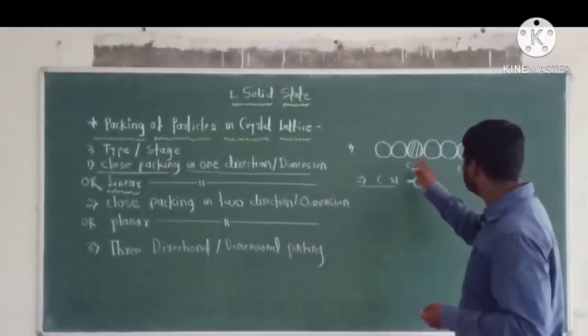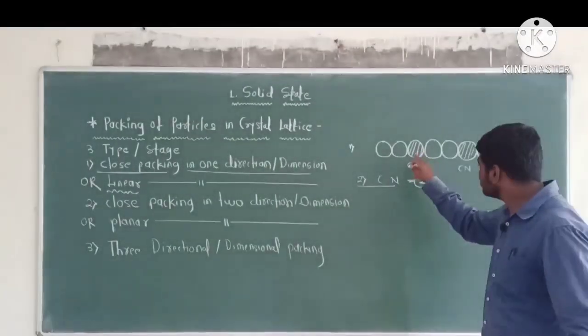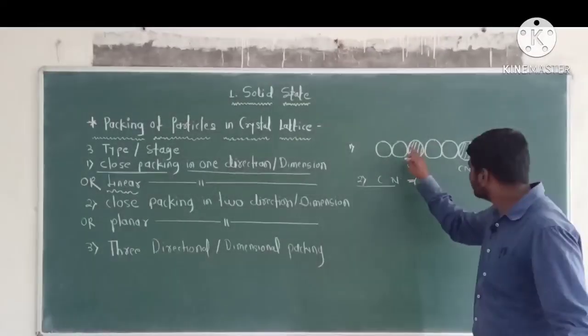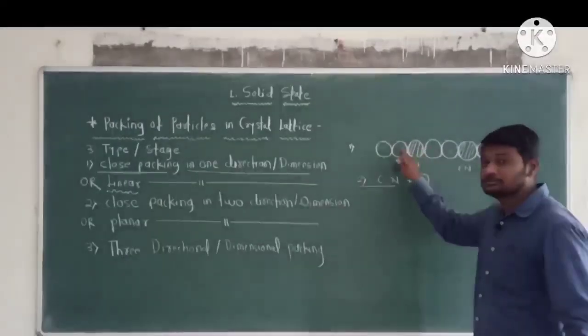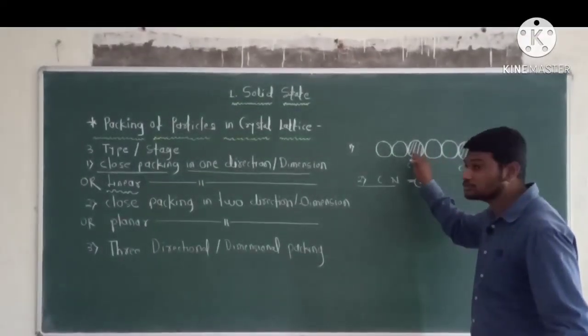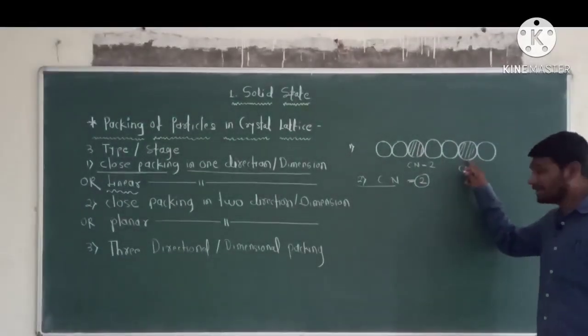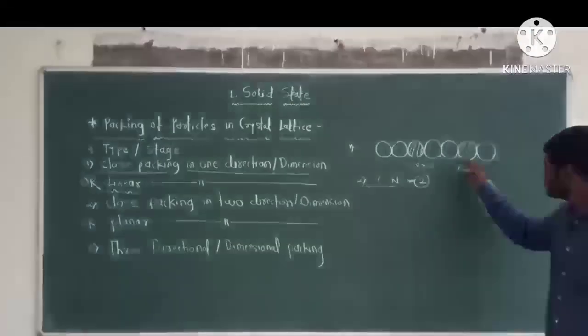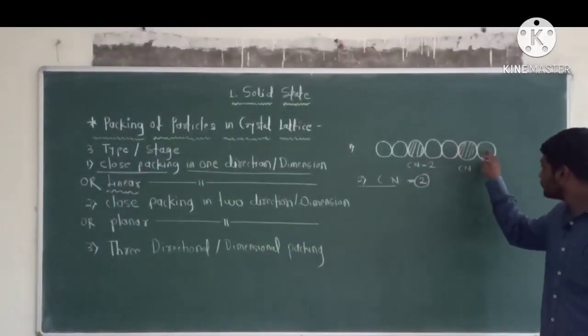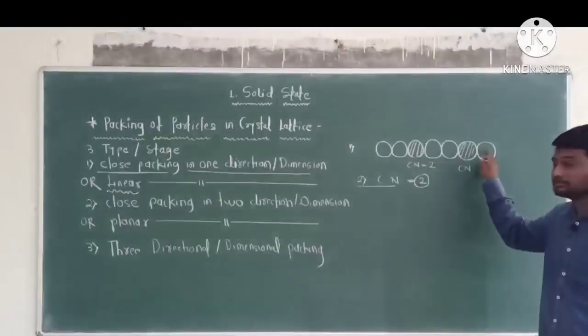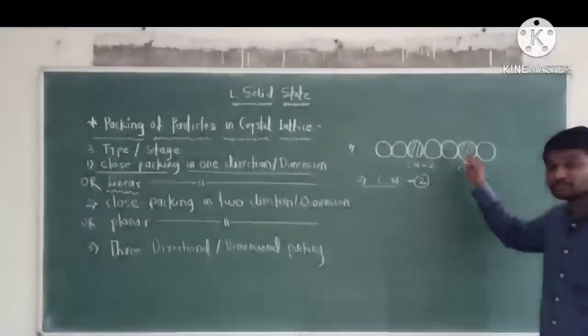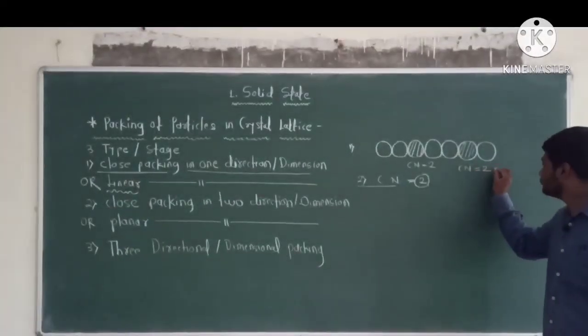For example, this constituent particle is in contact with two other constituent particles. Therefore, its coordination number is 2. This other constituent particle is also surrounded by two other constituent particles. Therefore, its coordination number is 2.